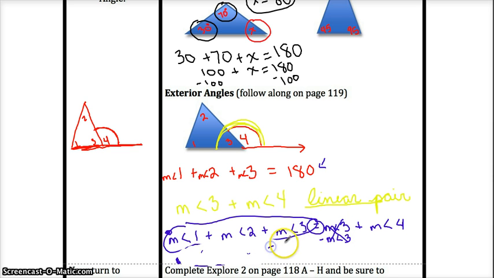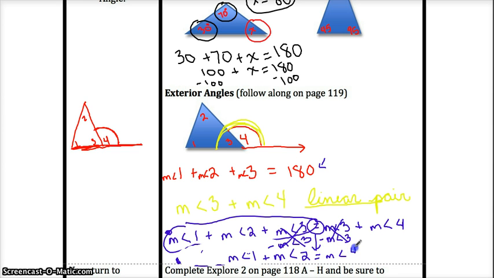Just bear with me for just a minute if you're confused. And we're going to get rid of both of those. So now all we have left is the measure of angle 1 plus the measure of angle 2 is going to equal the measure of angle 4.